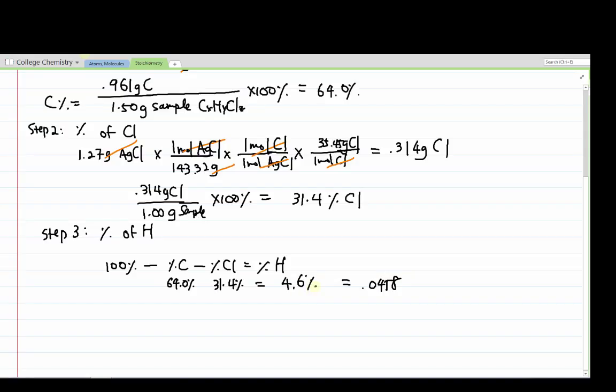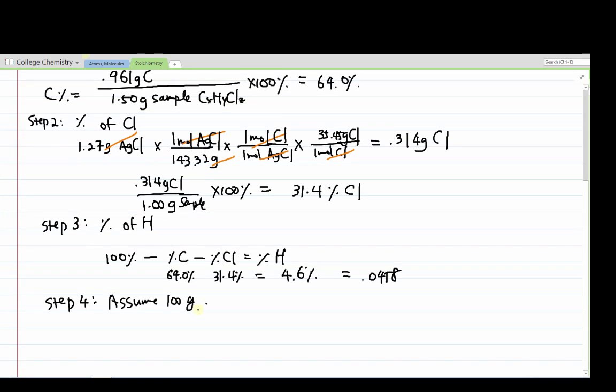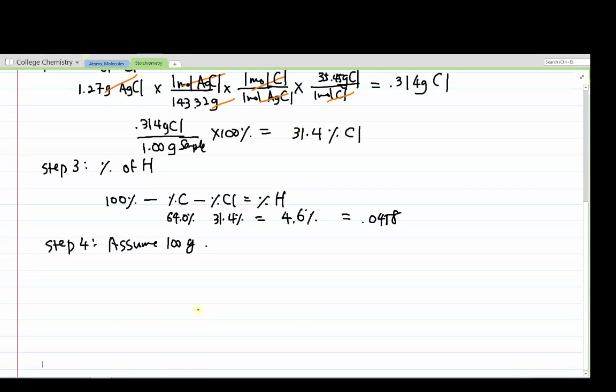Next step, after finding the relative ratio in the original sample, you can find the empirical formula by assuming 100 grams. So our step 4 is to assume 100 grams. You can choose any mass you want, you just have to be consistent with the ratio. But 100 grams is very easy to use since we use percentages. If the sample is 100 grams, the carbon makes 64%.